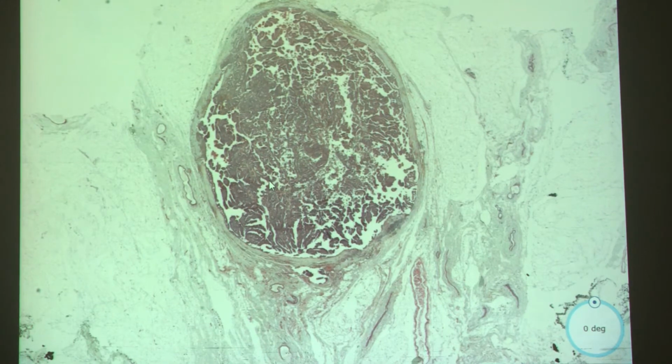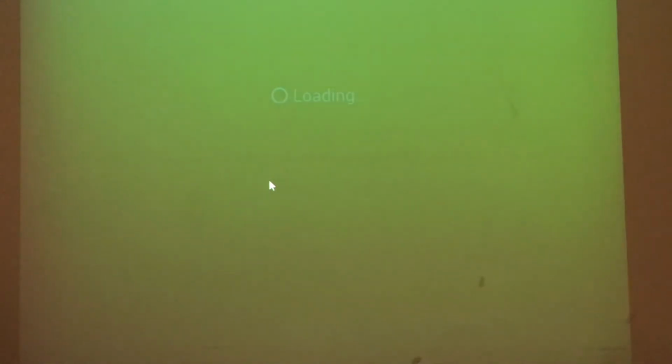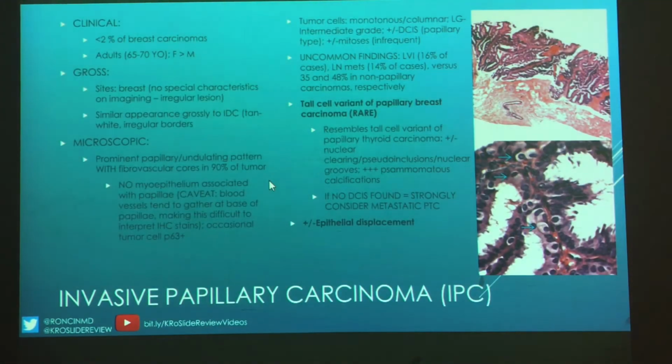Even though we're going to look at treatment, excision, whatever we have to do, you're pretty much going to do the same things as you would for your regular invasive ductal carcinoma or invasive carcinoma of no special type. These actually do better than grade matched IDC. So why don't we see them? They're less than 2% of breast carcinoma.